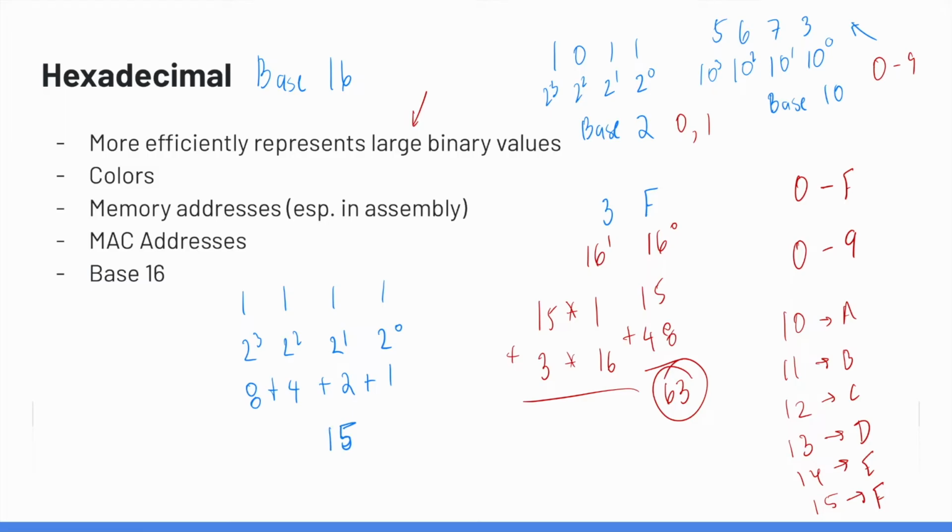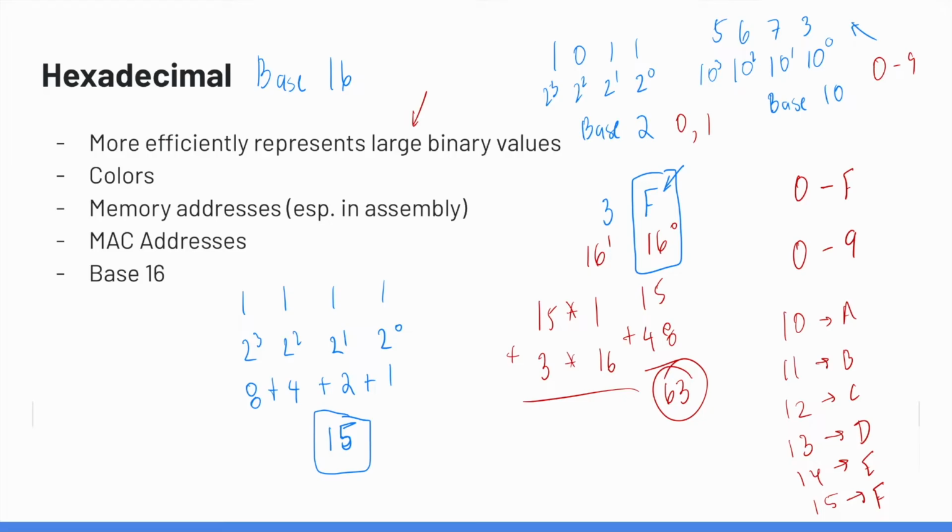So for example, with one hex digit, the maximum value we can represent is 15, right? The highest value we can have is F. F represents 15, and 16 to the power of 0 is 1. So with one hexadecimal digit, we can represent the denary quantity 15. With 4 binary digits, we can represent the denary quantity of 15 as well.